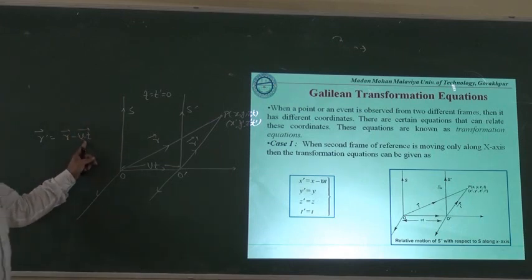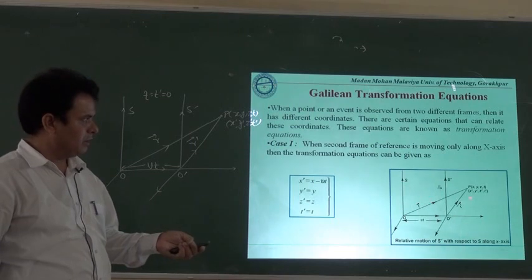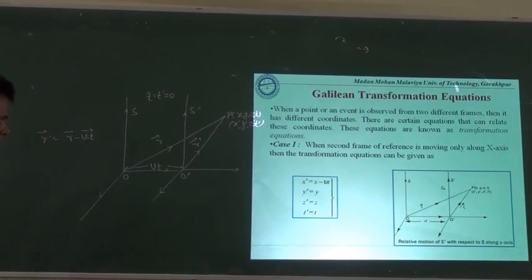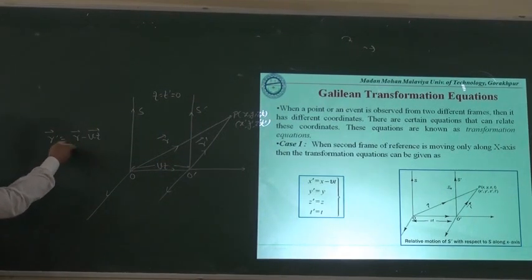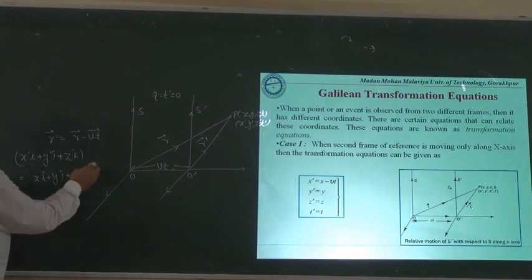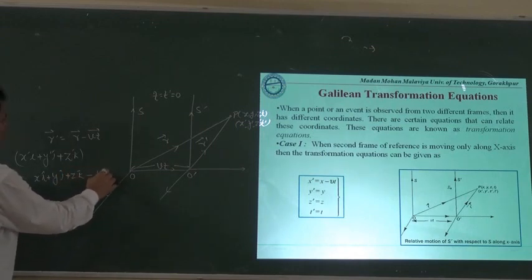Here since V is only along the x-axis, and there is no motion along the y-axis or the z-axis, if we write it in its component form, then x dash i plus y dash j plus z dash k is equal to x i plus y j plus z k minus v into t.